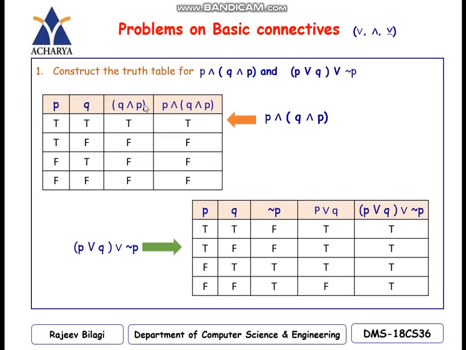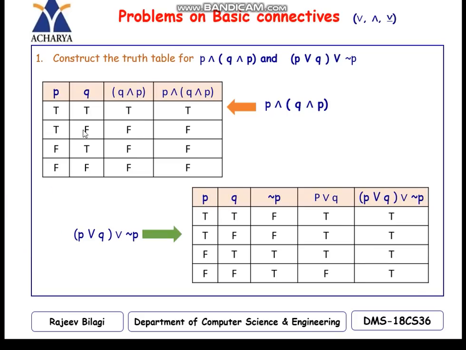Now, when you are writing the truth table, first go for the compound proposition in the bracket, Q and P. According to the AND operator, when both are true, then only it is true, otherwise it is false. When you look at the values of P and Q, this is T and this is T, so it is true.